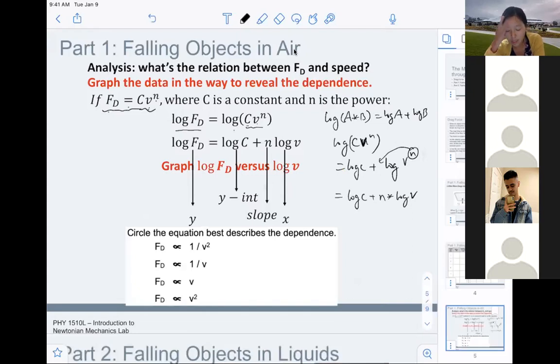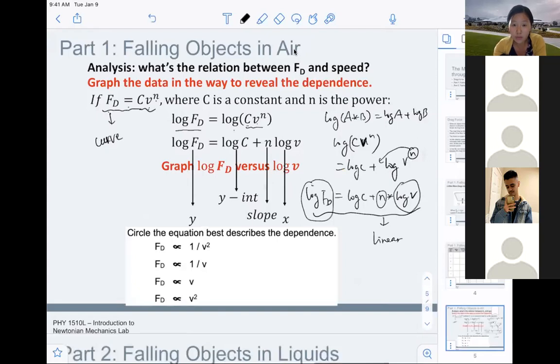So you can see how we change a curve. If we graph the original function directly, it's going to give us a curve. But if we graph this function, it's going to give us a linear relationship. And if this is our y and this is our x, n will be our slope.